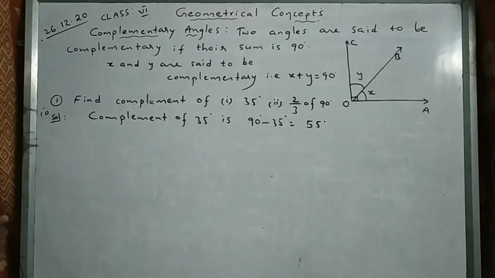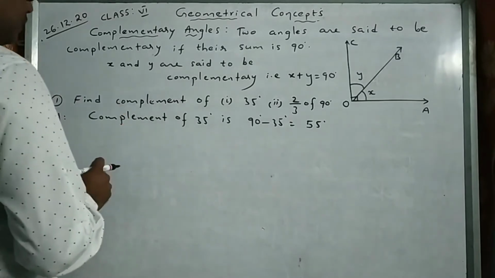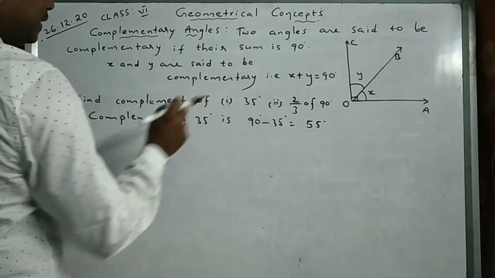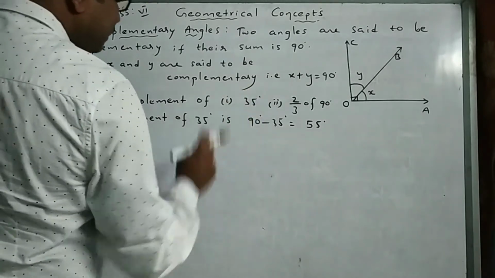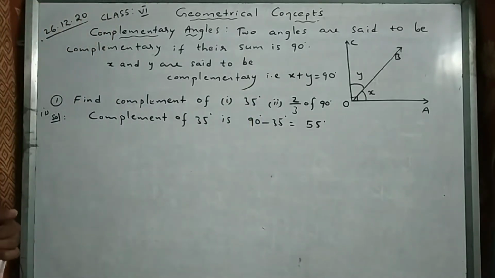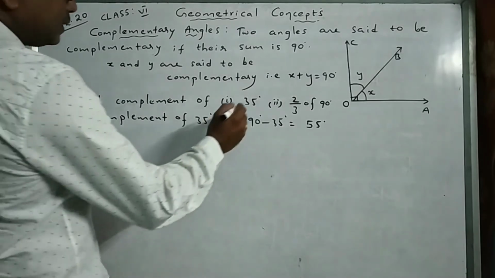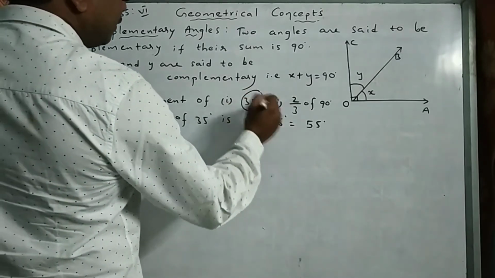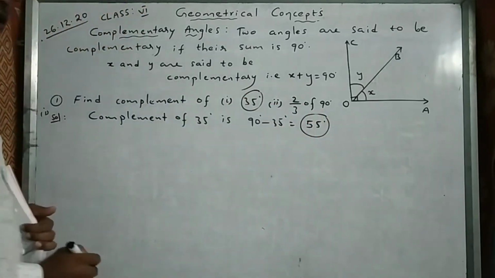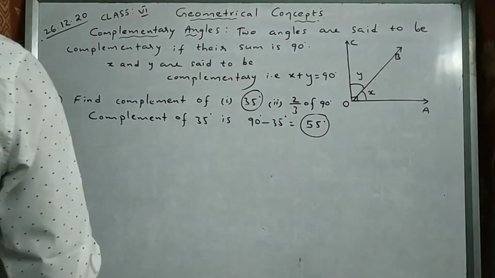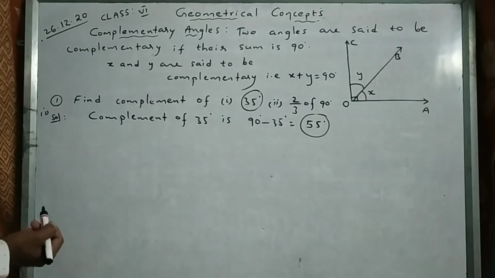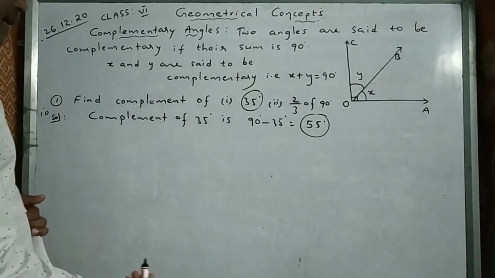You try to understand the concept here. For finding the complementary angle of 35 degrees, just subtract the given angle from 90. Then we will get 55. Because 35 plus 55 together, how much will you get? 90 degrees.